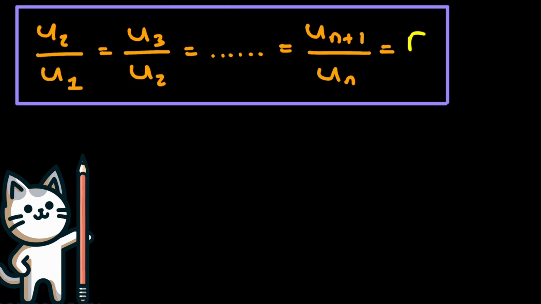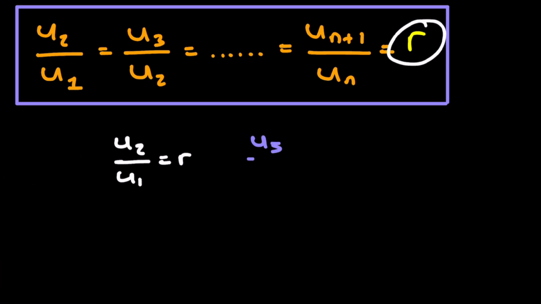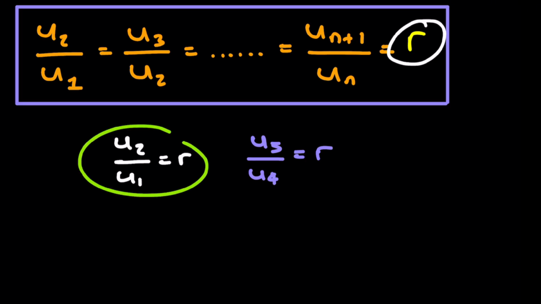Okay, and another quick note here, the common ratio r is always equal to any two subsequent numbers divided by one another. So for example, if you had u2 divided by u1, that would result in r, but so would any other two consecutive numbers. For example, u5 divided by u4 would also result in r. The reason being, let's just take this one, for example.